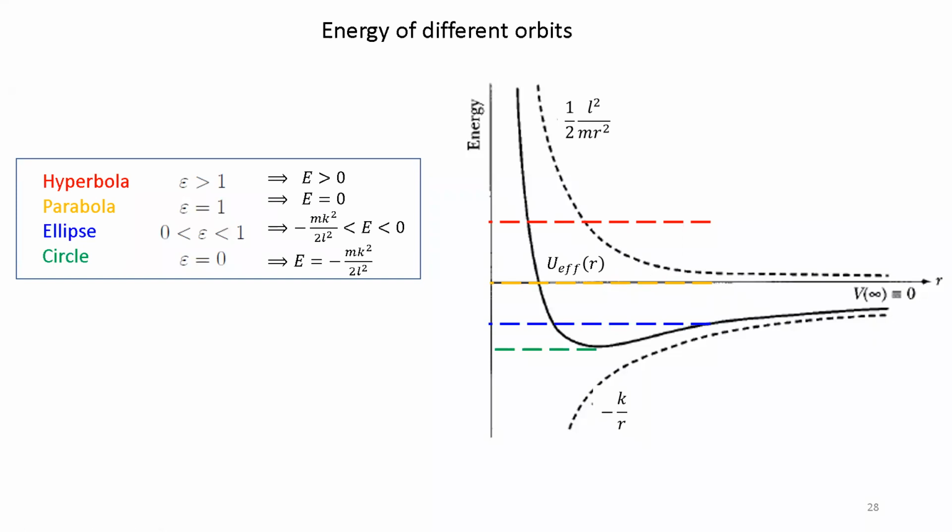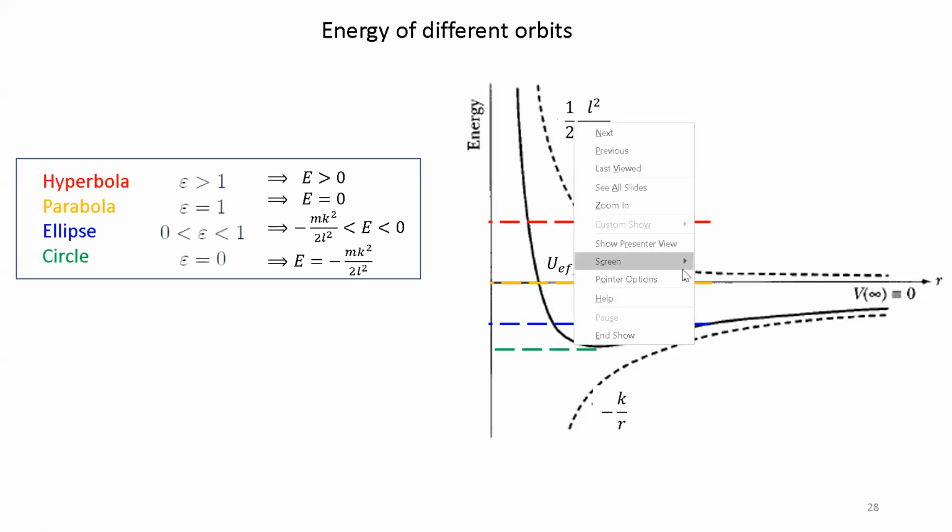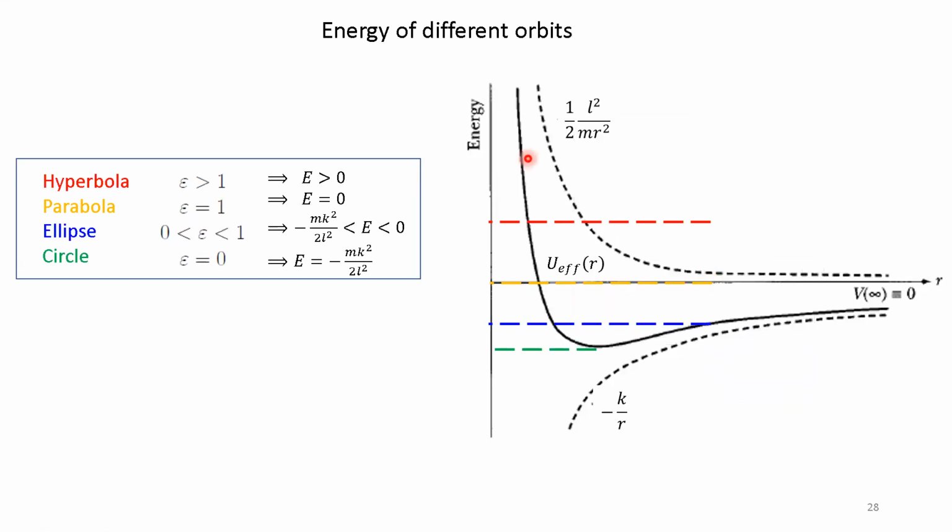Again, the hyperbola, parabola, ellipse, and circle. So what do we have over here? If you have this energy to be greater than 0, that means you're up here.